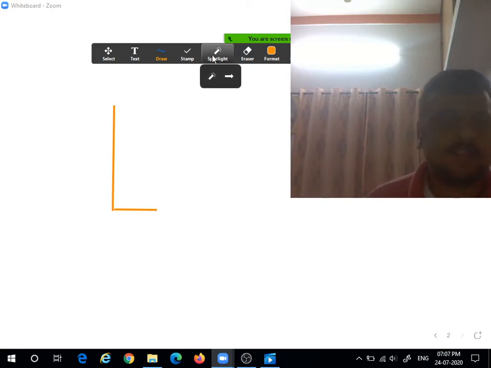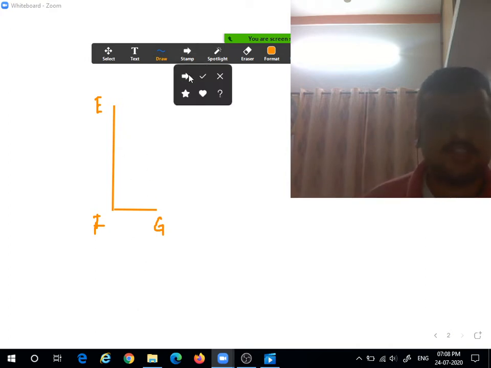Suppose EF is the height of the Qutub Minar, and you know that FG is its shadow.